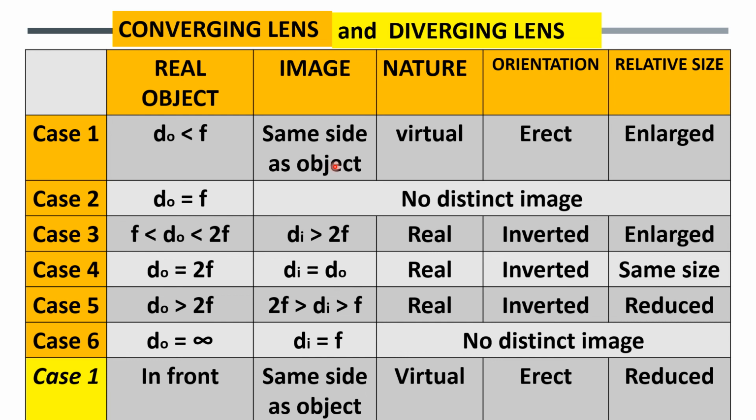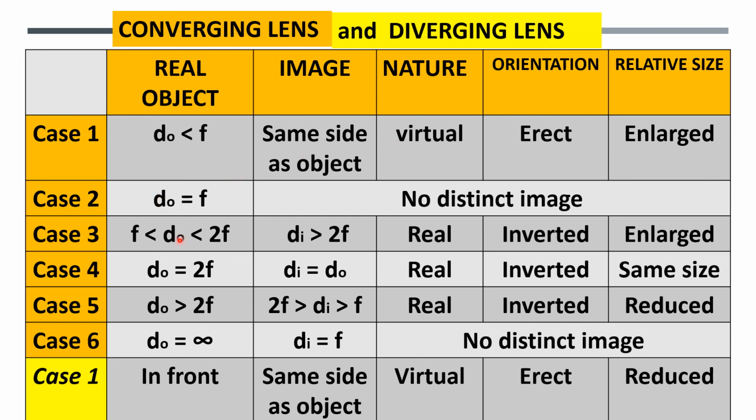The lens is a converging lens. That's why it was also described as a virtual image. Likewise, the image was erect or upright, and it was enlarged. So this was illustrated in problem number 2.